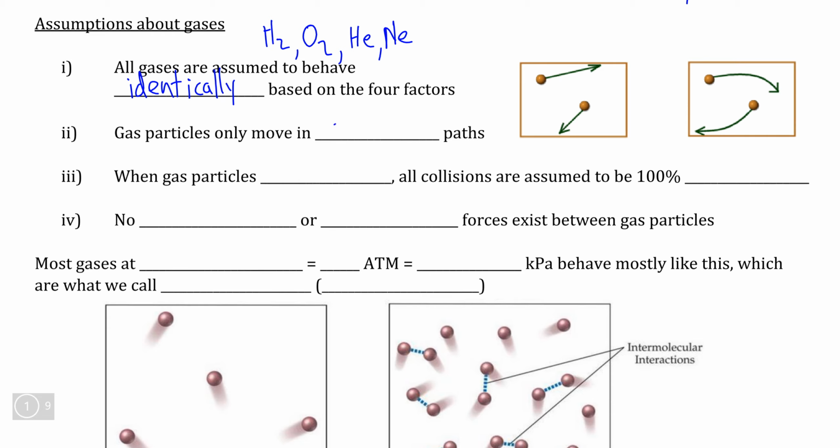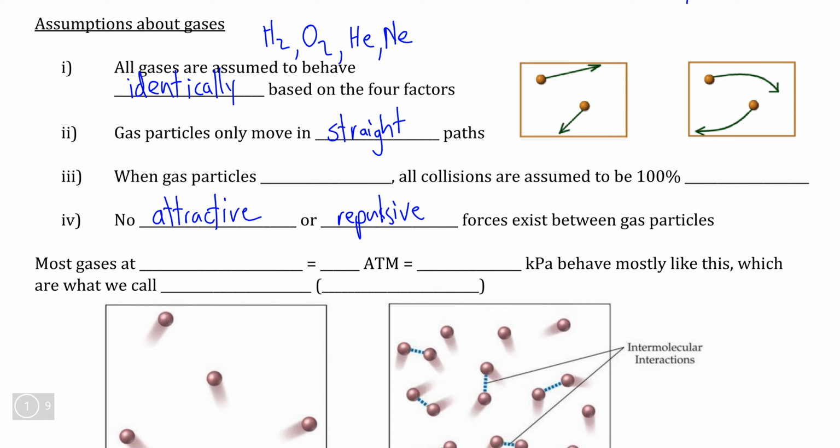Assumption number two is that gas particles only move in straight paths, which means that we don't get curved motion like we see in the diagram on the left. And this assumption is tied into assumption number four, which states that no attractive or repulsive forces exist between gas molecules. And this is very important.